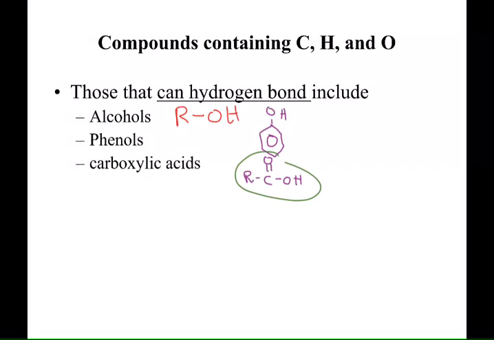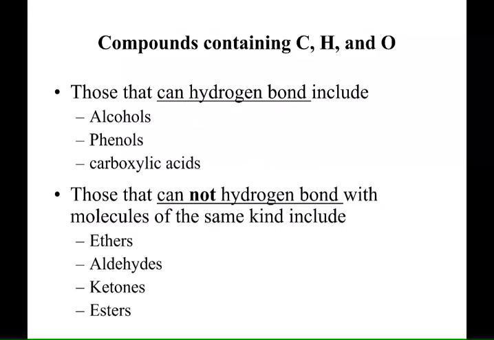These are all things that can hydrogen bond. So the R's will always be some combination of carbon and hydrogen. Your R could also be carbons with other functional groups. You could have more than one interesting thing happening in that molecule. But what we're focusing on is not the R there.